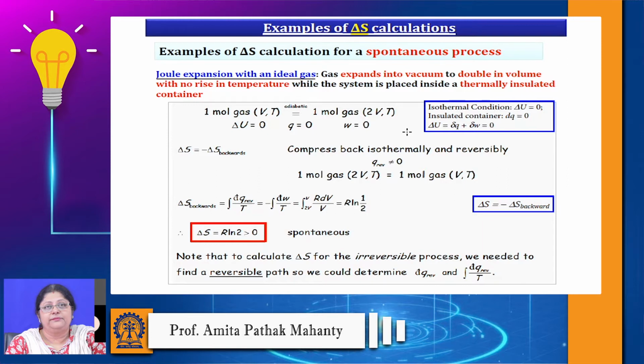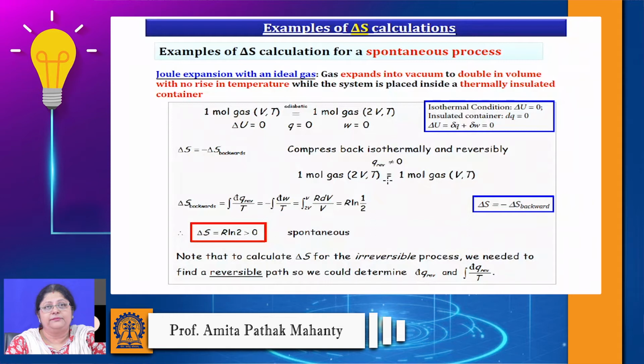Yes, ma'am. So I hope you have understood that we chalk out a reversible path. Here we have chalked out an isothermal reversible process of compression of the gas instead of the expansion, so that you get back the original state of volume and temperature.